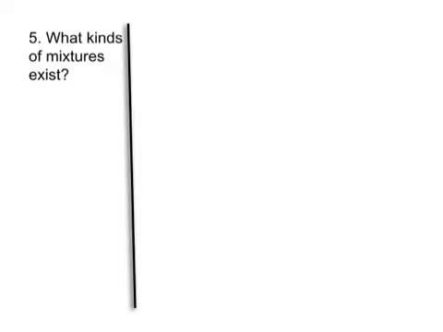Because if you've ever noticed, if you put salt and water together, it dissolves and you get kind of this clear liquid. However, if you put sand and water together, does sand dissolve in water? The answer is no. Okay, otherwise we wouldn't have beaches. So that's a different kind of mixture. So let's take a look at these 2 different kinds of mixtures.